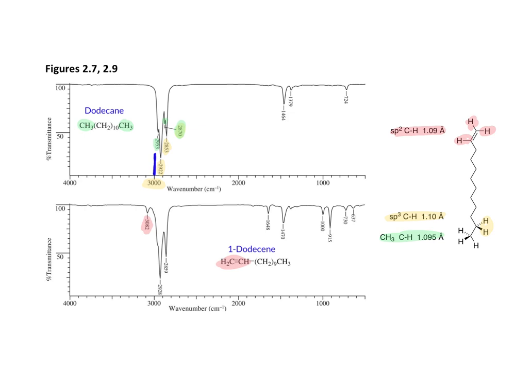There are two numbers that are particularly important in infrared spectroscopy. The first one is 3000 wave numbers for the cutoff between sp2 and sp3 hybridized carbon-hydrogen bond stretches.